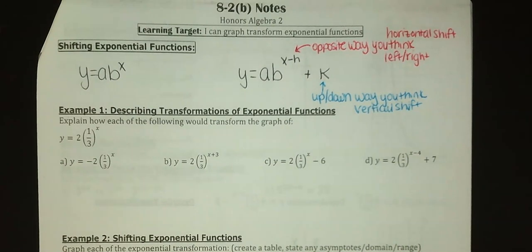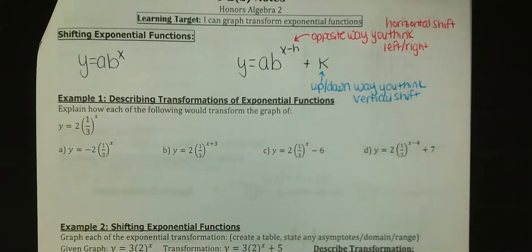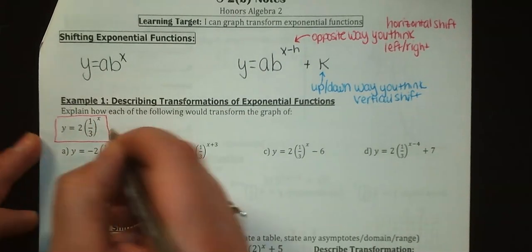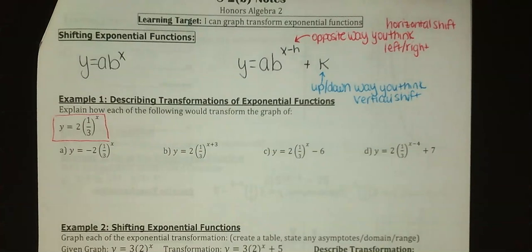All right. So all I'm going to do in this very first question is give you a general form. This is y equals 2 times 1/3 to the x. Each one of these just says, tell me what's going to go on here. Is it going to go left, right, up, down? Is it going to flip over? Just based on looking at the equation.